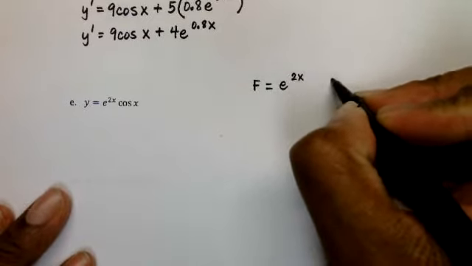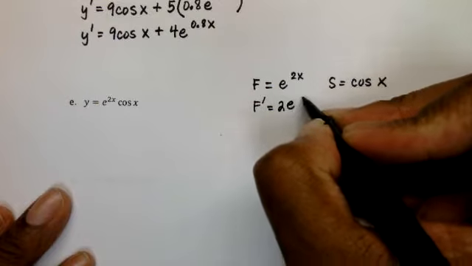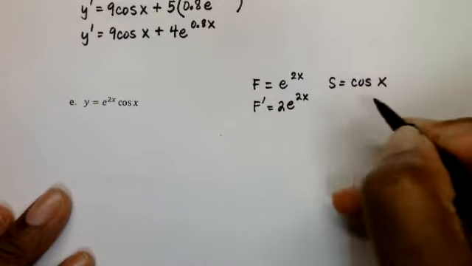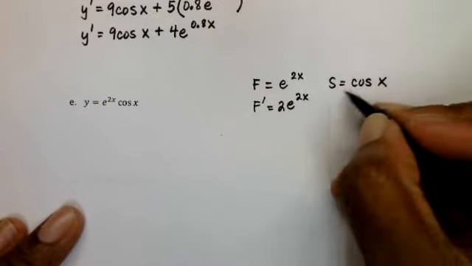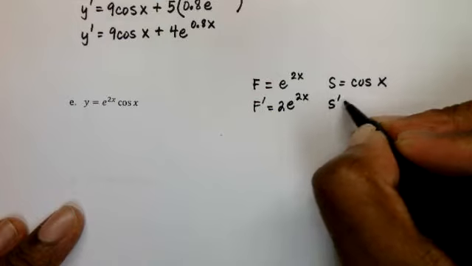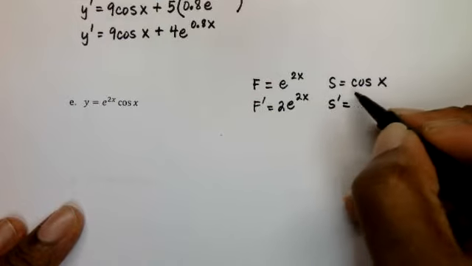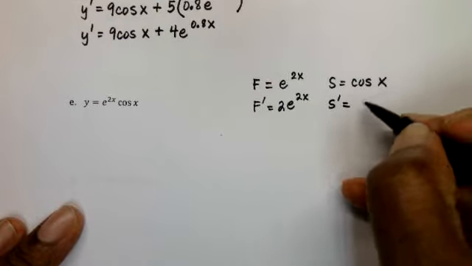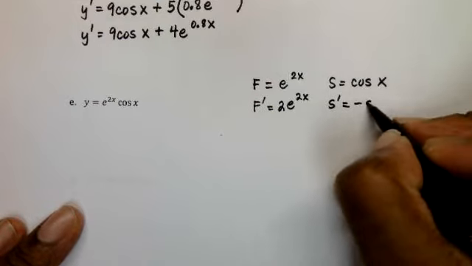Well, the first is e to the 2x, and that means the derivative of that, using the e to the kx rule, would be 2 times e to the 2x. And then the derivative of the second, if the second is the cosine of x, the derivative of the cosine would be negative sine x.